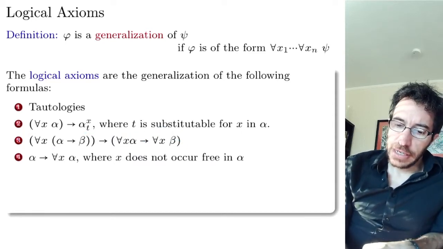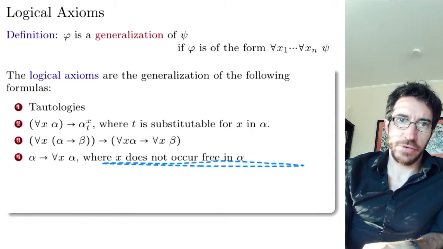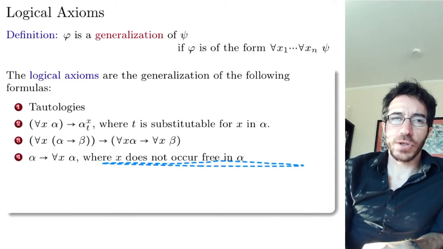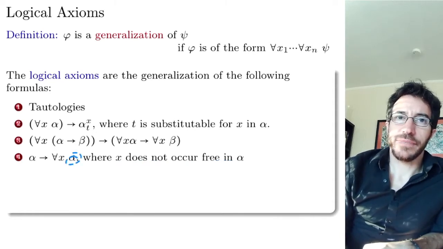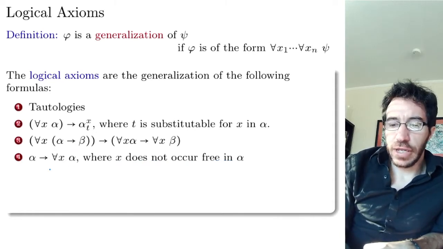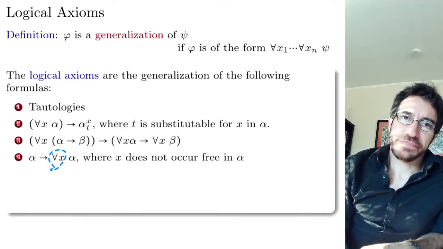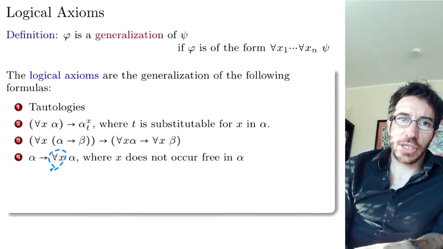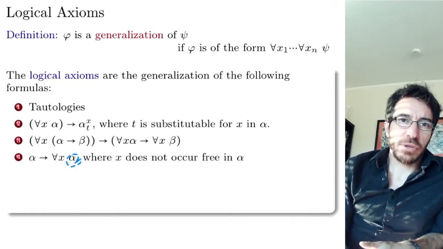Number 4 says alpha implies for every x alpha in the case where x does not occur as a free variable in alpha. Essentially these formulas don't mention x, so this for all x ends up being like a dummy quantifier. For technical reasons it's there, but it's a dummy because there is no x to quantify in here.